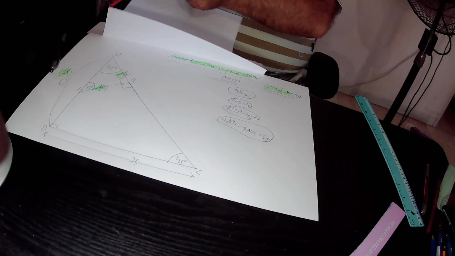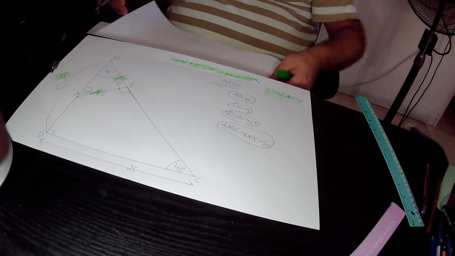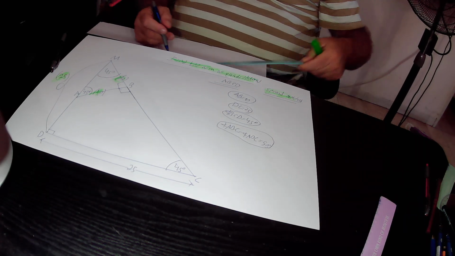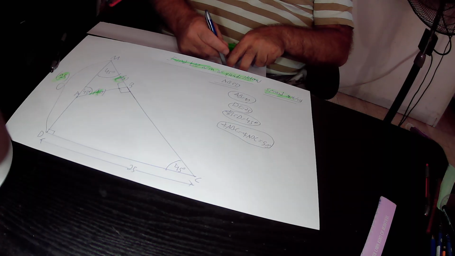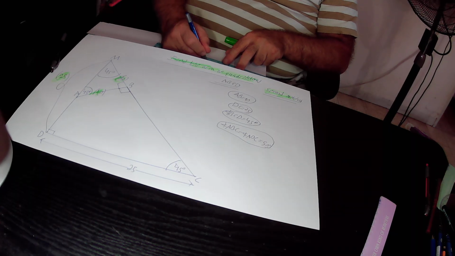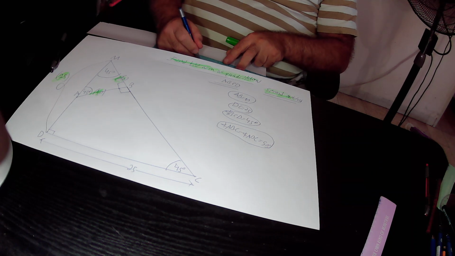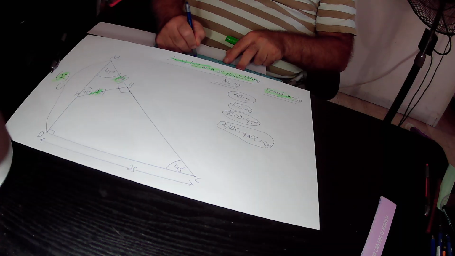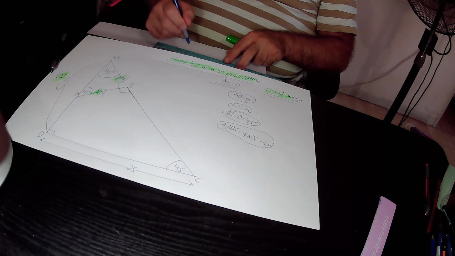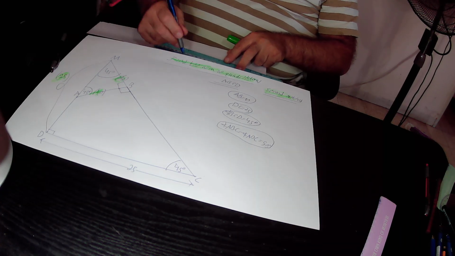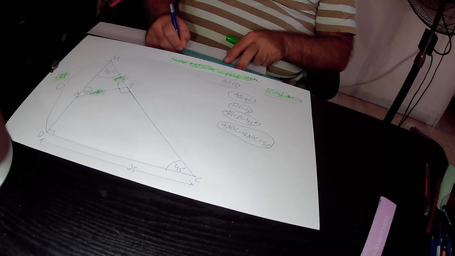So in total, the area of this quadrilateral ABCD equals DC is 25 times DM is also 25 divided by 2, minus AB is 10 times BM is also 10 divided by 2.